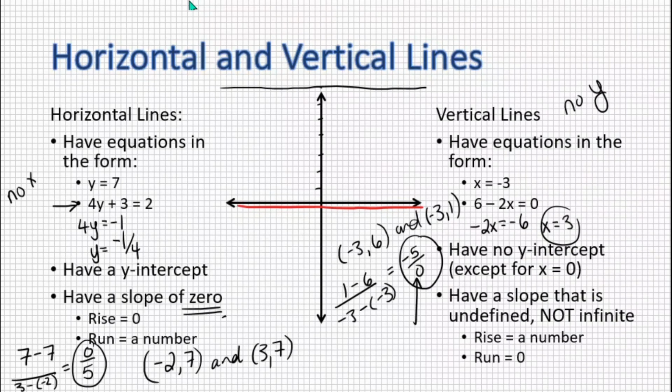This is a situation you're not allowed to have, a fraction with 0 in the bottom. So we always say that the slope of a vertical line is undefined. And if I wanted to graph these, x equals negative 3, it's probably something like this, except straighter. X equals 3 here. Oh my.